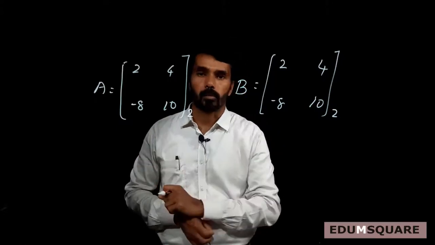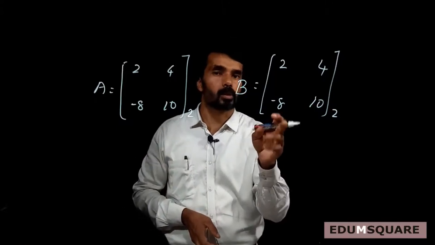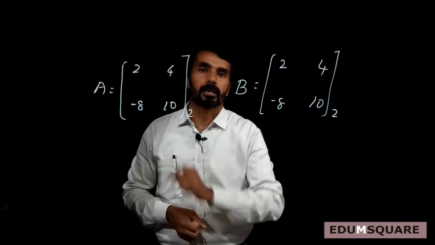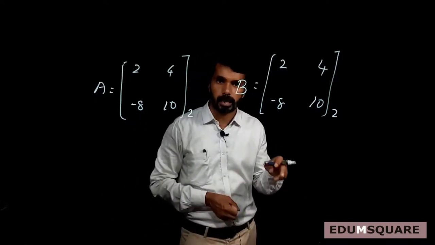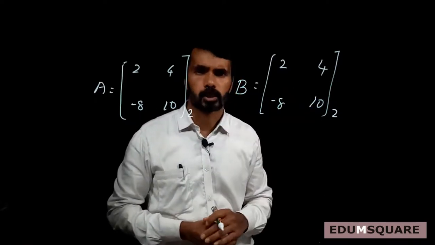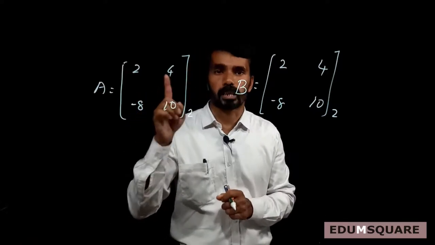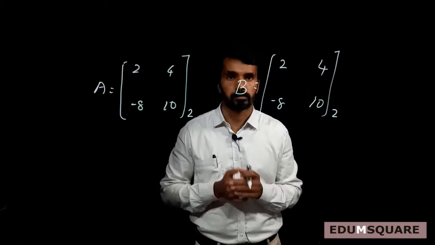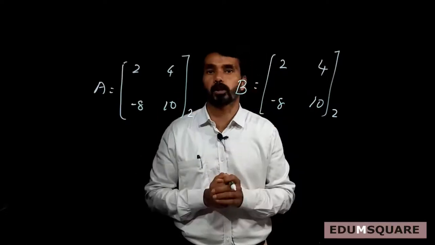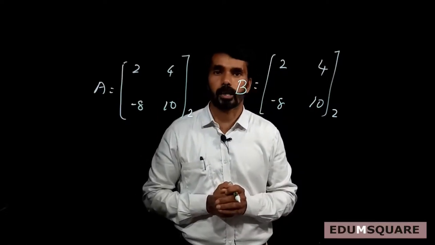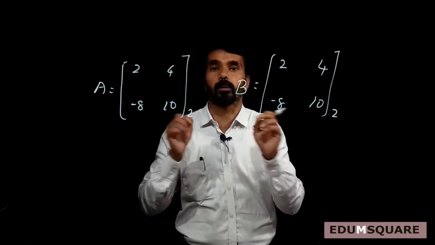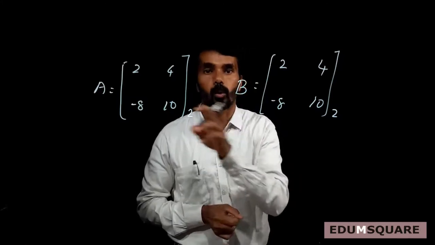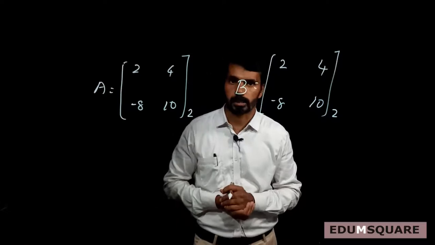A21 is minus 8, here also A21 is minus 8. Then A22 is 10, again here it is 10. So each element of the matrix A is equal to the corresponding element of the matrix B. These types of matrices are known as equal matrices, or the equality of two matrices.